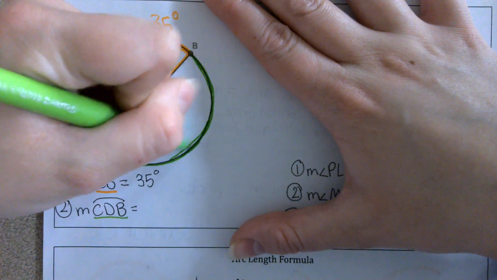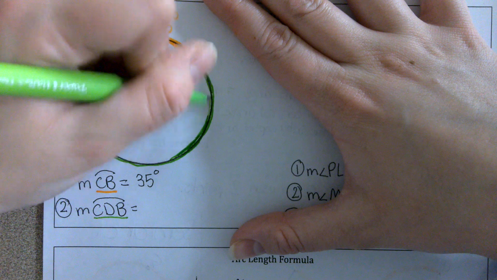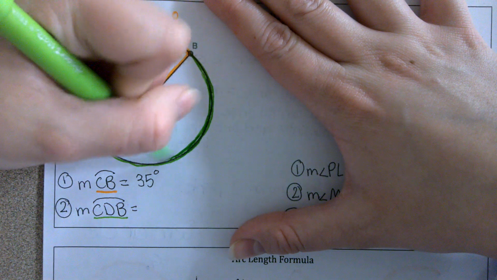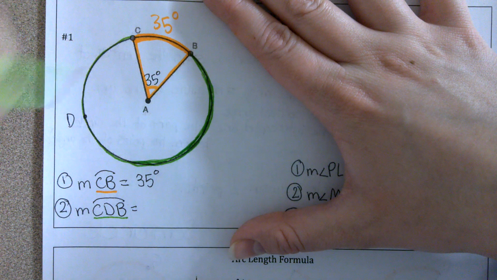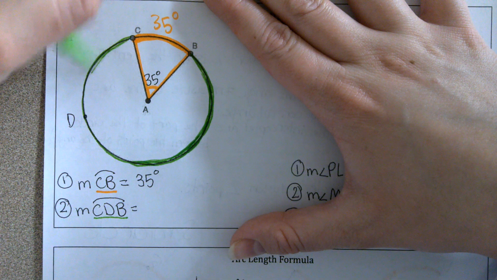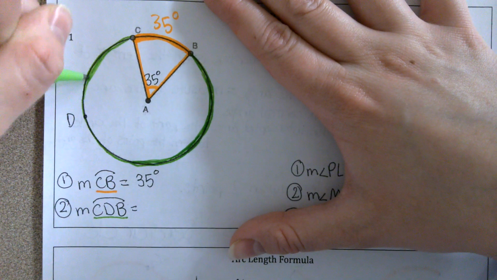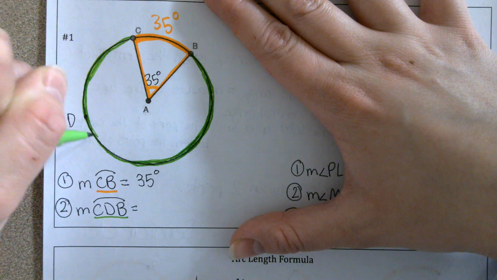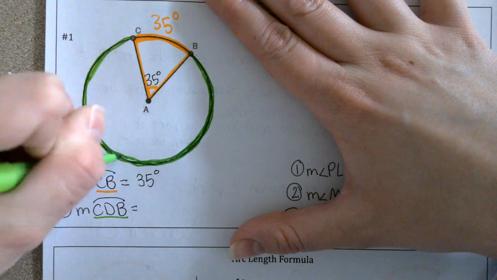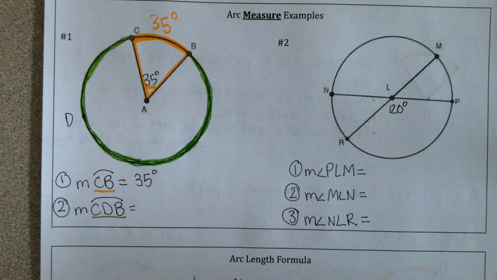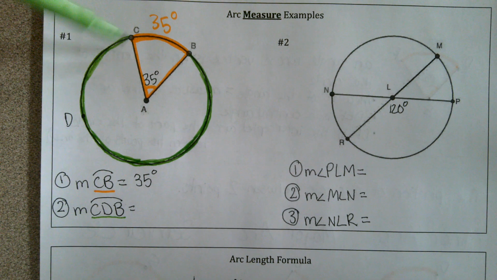So if you're one who struggles to see these kinds of things, I highly recommend color coding for this unit, because what we're doing right now, these are the main concepts and the main types of things you'll be expected to do on your tests and quizzes. So CDB is all of this.